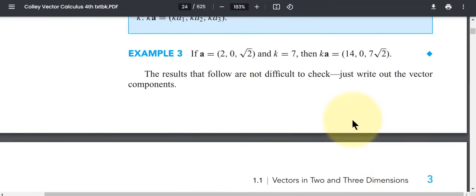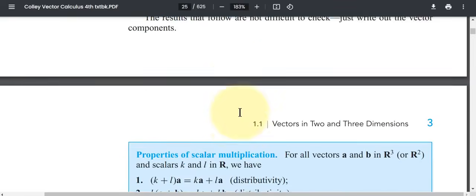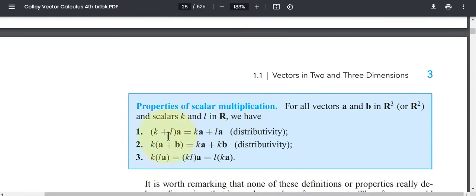Okay, so once again, now that we've defined what we mean by scalar multiplication, we can ask what the implications of this definition are. Some of the implications are that if you take k plus l, two numbers added, and then multiply that times a, it's the same as multiplying first k times a and then l times a.